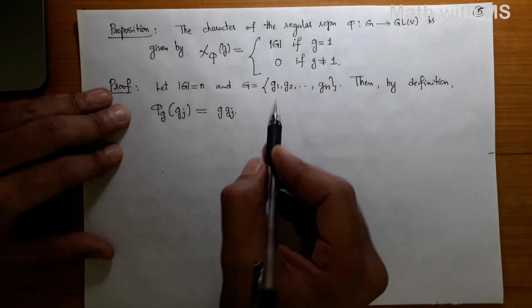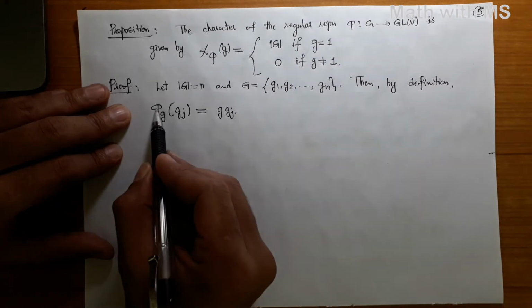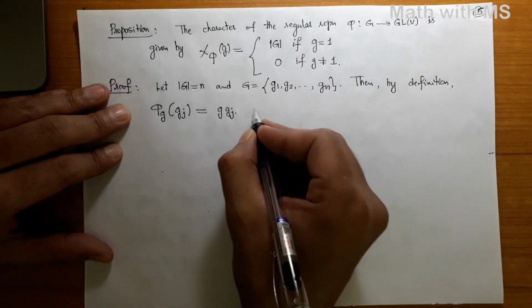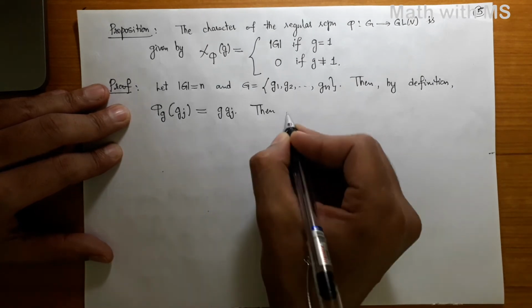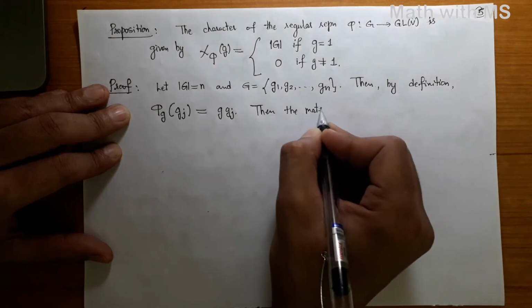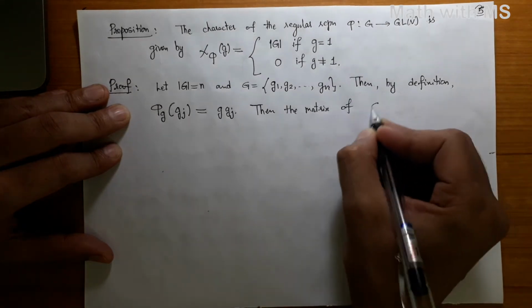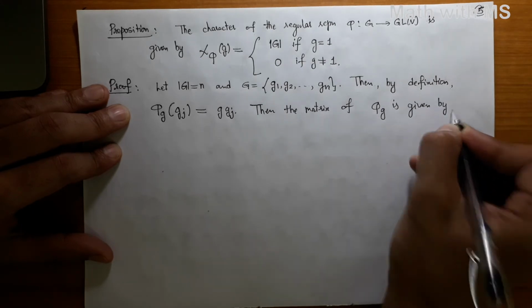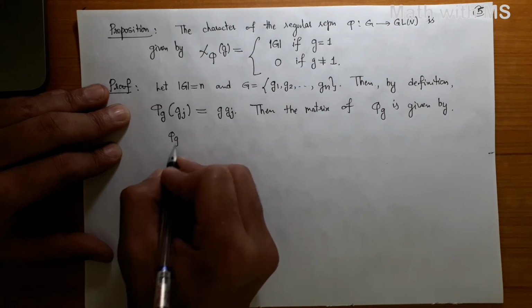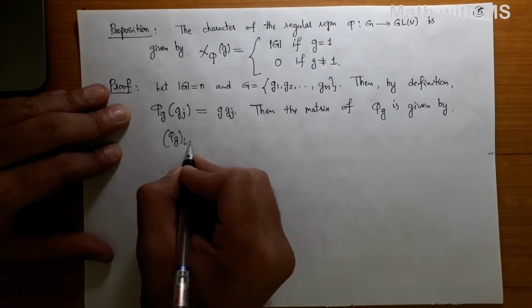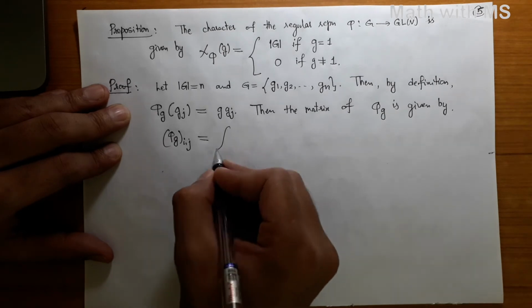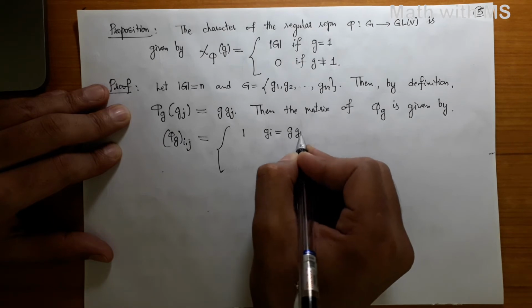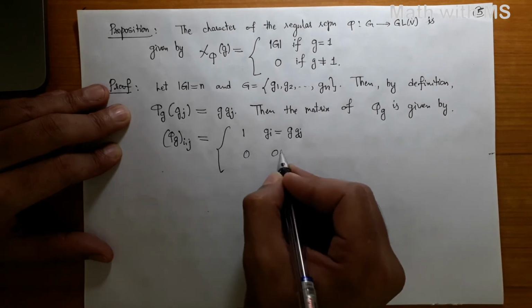Right? So therefore, if you want to find the matrix of phi_g with respect to this basis, it turns out to be of the following form. The matrix of phi_g, and its ij-th entry, is 1 if gi is g times gj and 0 otherwise.